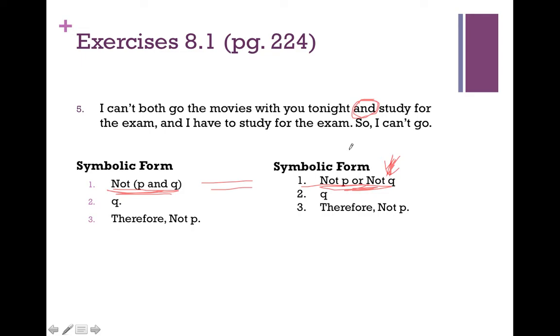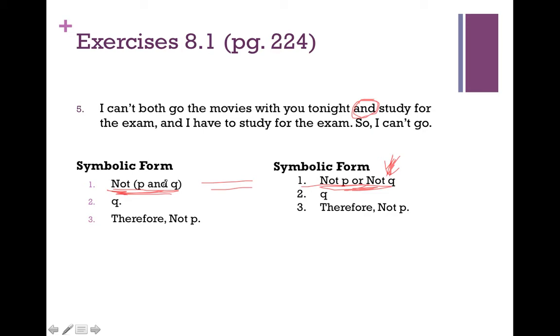Now notice, I want to point this out while we're on the subject. By the way, if you didn't get this one, don't stress, because we're going to talk about this at greater length. The word not, the way it functions on the left-hand side, is actually denying this entire conjunction.